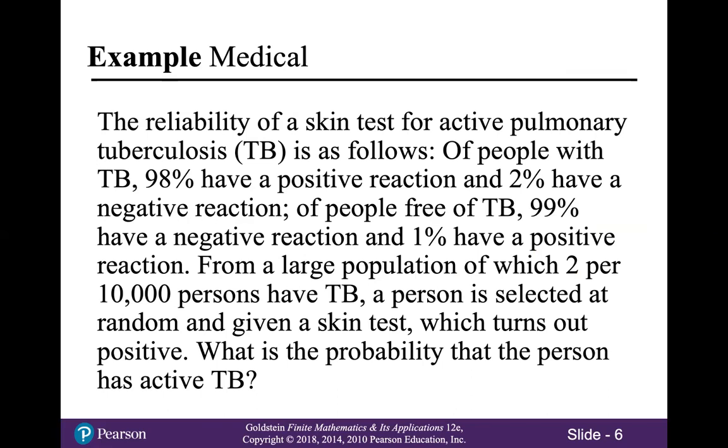From a large population in which 2 people per 10,000 have TB, a person is selected at random and given a skin test, which turns out positive. What is the probability that the person has TB?